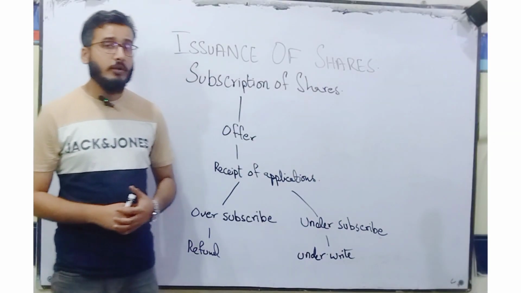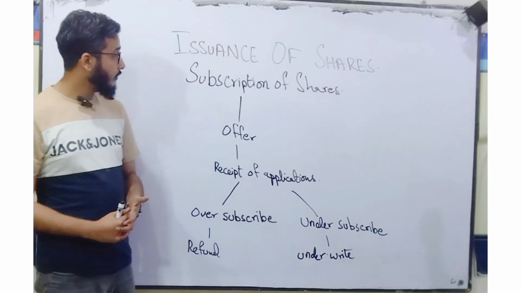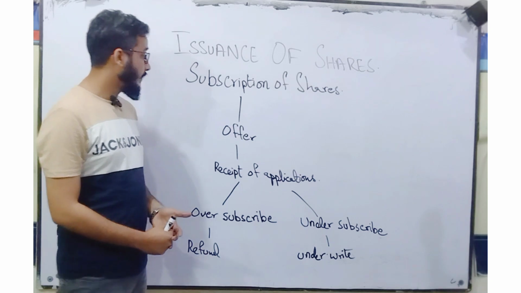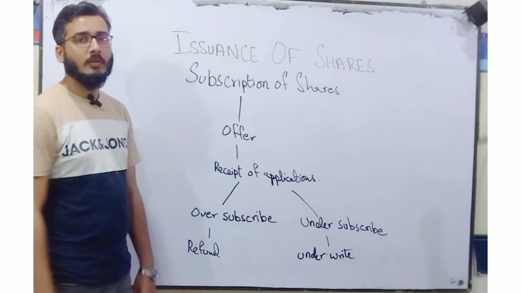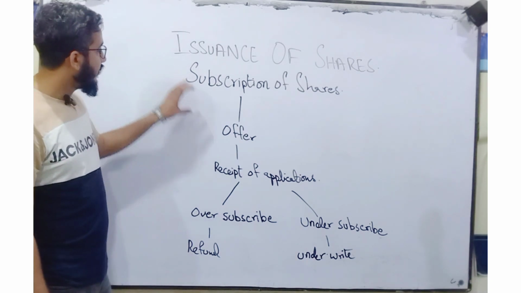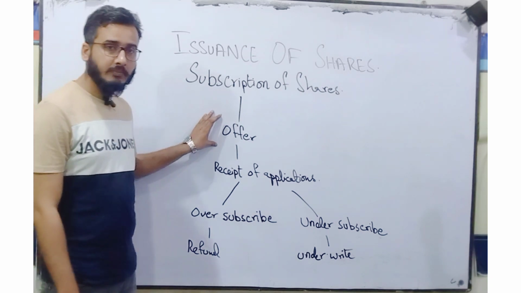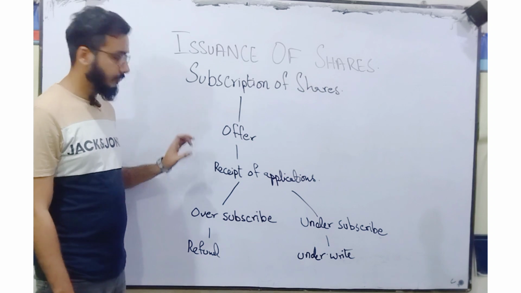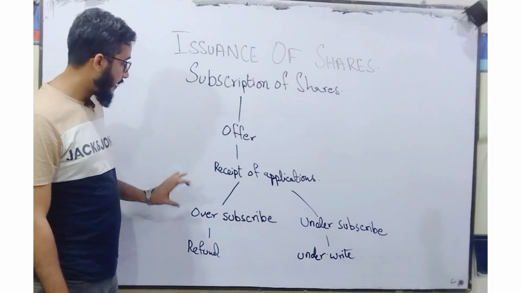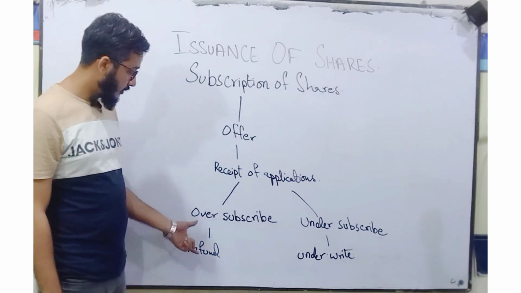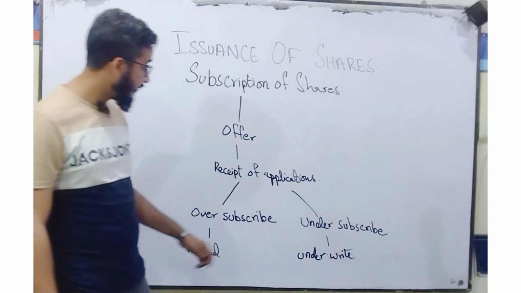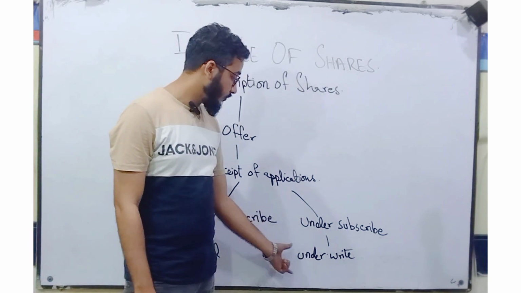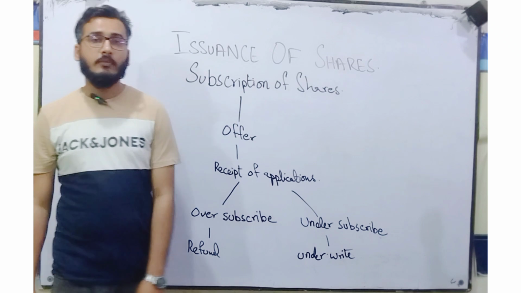Okay, so before going to the cases and their accounting treatment, first you have to know about the cycle of subscription of shares. First, the company offers the shares. Then, the company receives the applications along with the deposit. Then, if the applications are oversubscribed, the company refunds. And if it is undersubscribed, the bank underwrites.